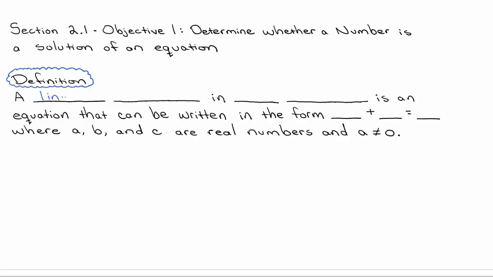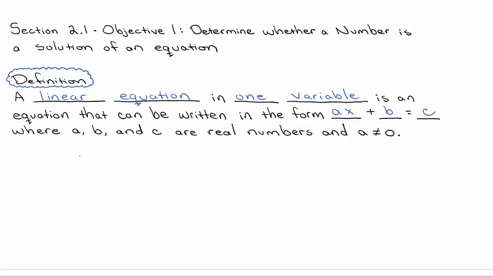A linear equation in one variable is an equation that can be written in the form ax plus b equals c, where a, b, and c are real numbers and a is not equal to 0.